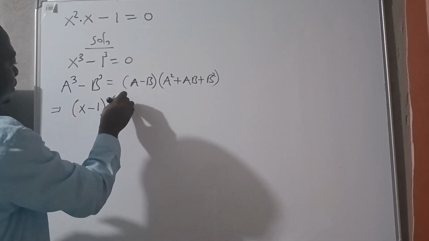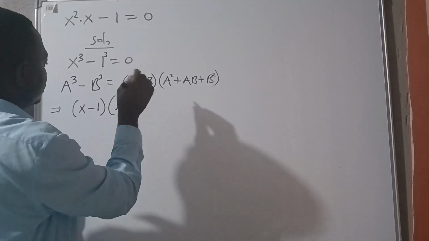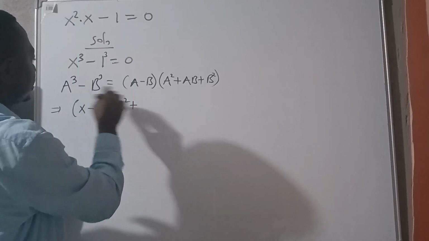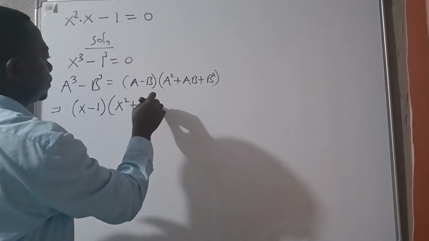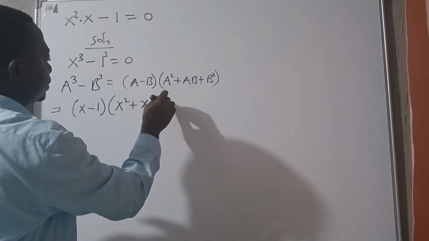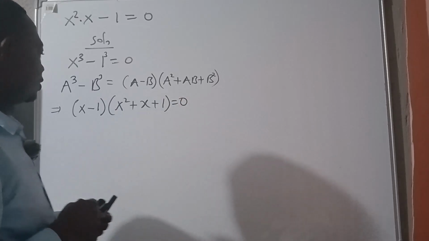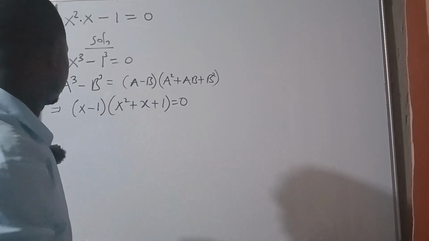And I have x squared, okay? x squared plus the product of 1 and x, x. Then we have 1 squared. 1 squared is still 1, equal to 0. So this one is a zero product.